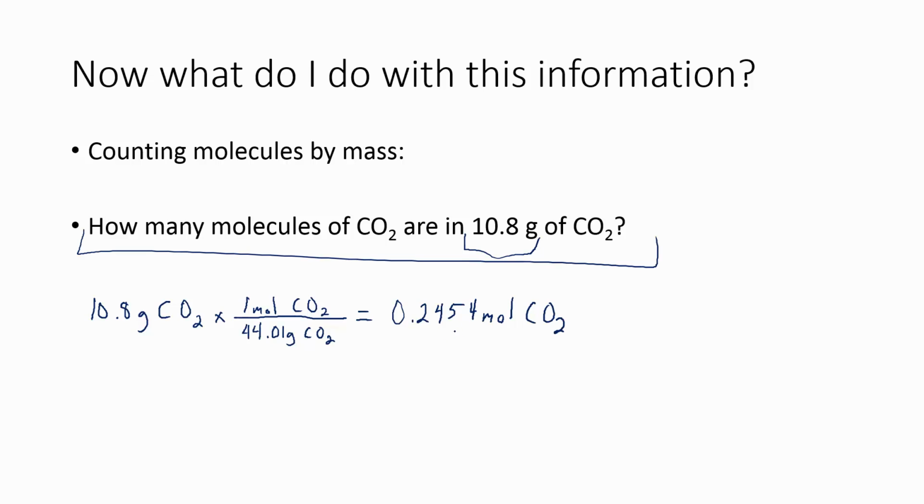That's why we're giving more significant digits than we actually need right now. We only really can justify 3. But 0.2454 moles of CO2. We know how to convert between molecules of CO2 and moles of CO2.